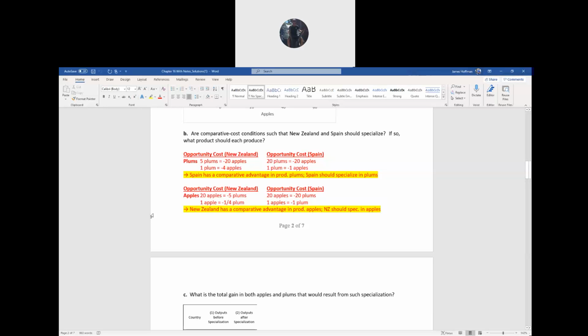Okay, so questions on how we determine which country should produce which, because this part's important because it kind of determines the rest. So the very first thing you have to do after you graph it is determine which country is going to produce what, and you've got to make sure you get the opportunity cost for both goods for both countries, and see who gives up less, and then just assign the country that has the comparative advantage in producing that good to do only that.